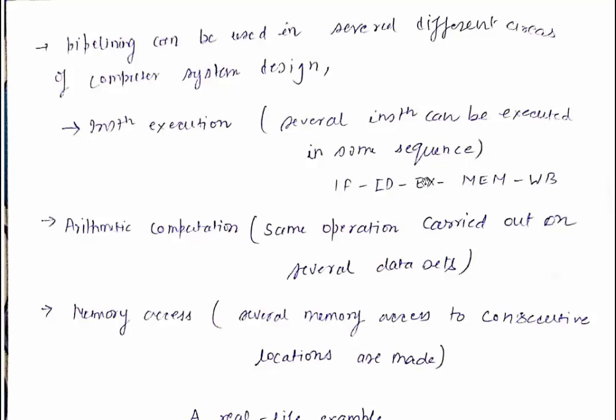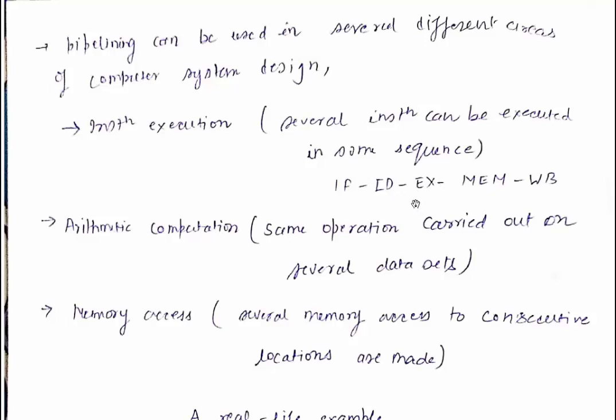If you have 100 instructions, when the first instruction is getting decoded, the second instruction would be fetched, and when the 50th instruction is in this phase, the 49th instruction would be in this phase, and the 48th instruction would be in this phase.